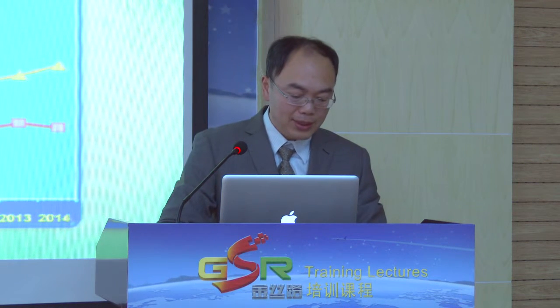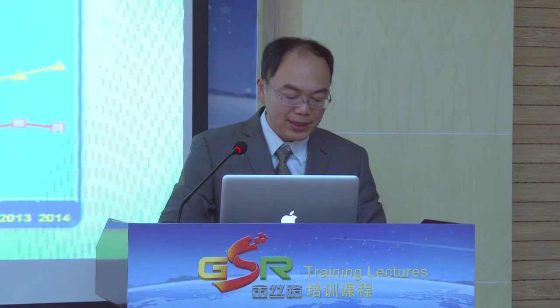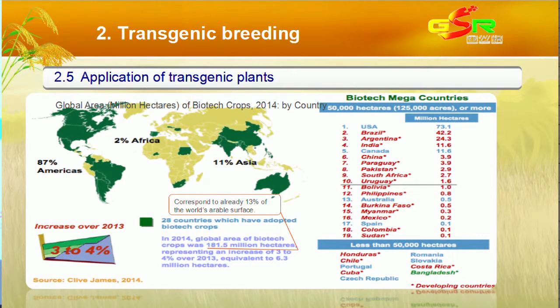Globally, about 82% of total crop area for soybean, 68% for cotton, and 30% for maize were planted with genetically modified varieties in 2014. In 2014, genetically modified crops were grown in 28 countries in total.